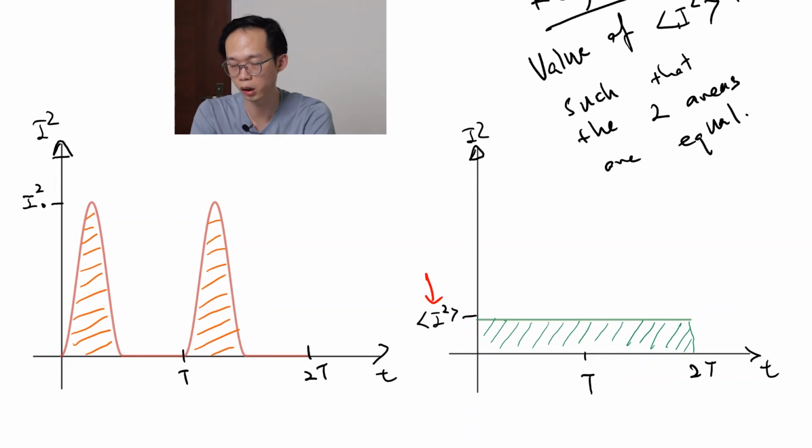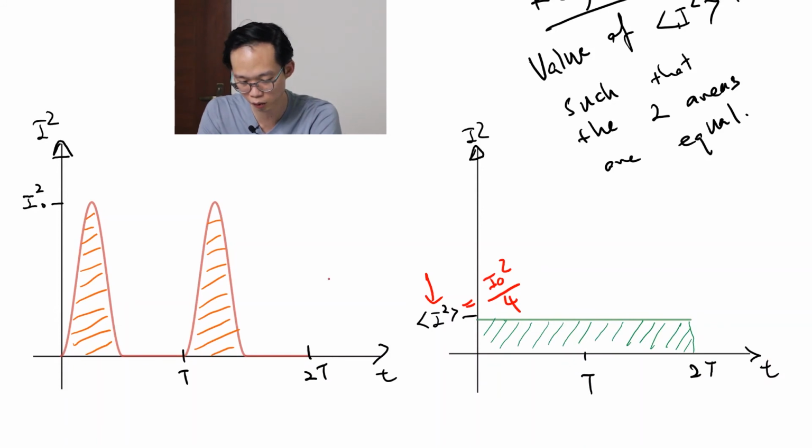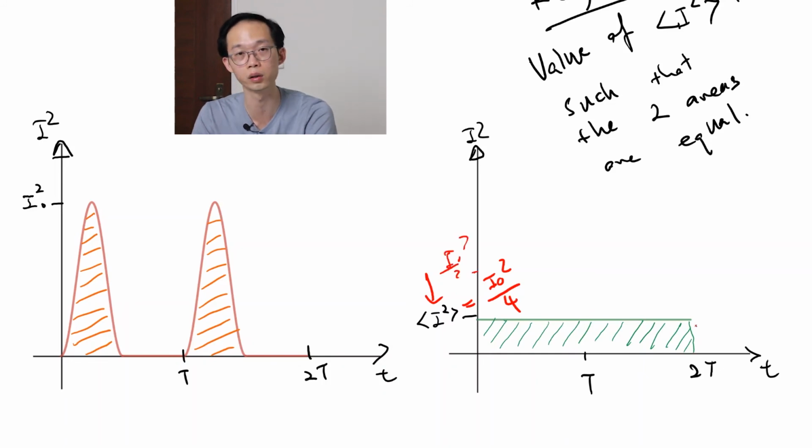If you think about it a little bit and compare it to the previous graph of the full wave, you will be able to come to the conclusion, I hope, that this value is equal to I naught squared over 4, because the area here is half of the previous area. So if the previous level was I naught squared over 2, this one should be I naught squared over 4, which will give you half the area as well.